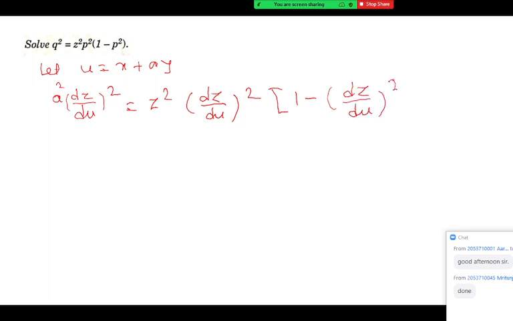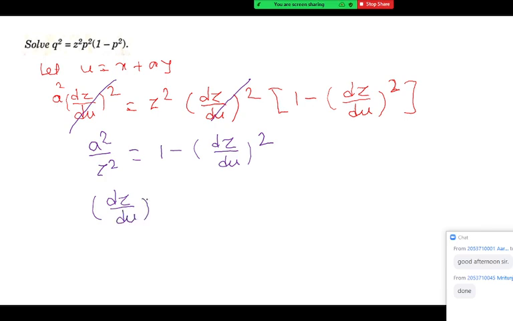Yes, what's the simplification here? The dz by du square gets cancelled. We are left with a square by z square; I will take it like this: a square by z square is equal to 1 minus dz by du bracket square. So dz by du bracket square is equal to 1 minus a square upon z square, and cross multiplying, z square minus a square upon z square.